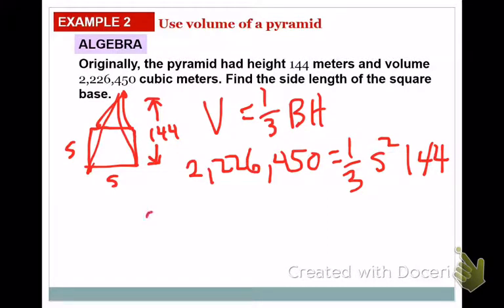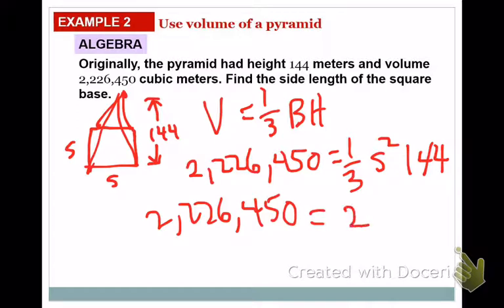So we'd have this: 2,226,450 equals 48 S squared. So then to solve for S, we divide by 48. So we get S squared. What is that? 2 million number divided by 48.